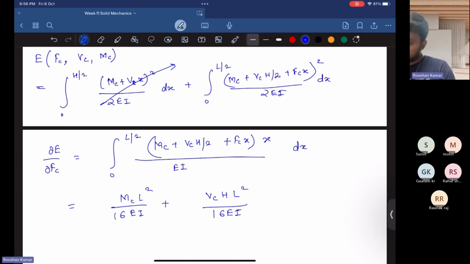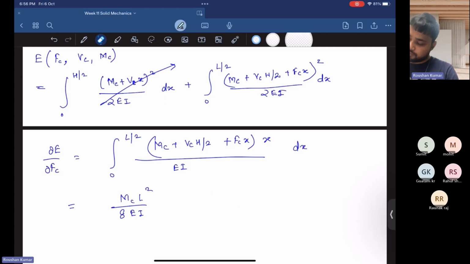Is it correct? X square by 2, 2, 2, it is 8 actually, plus FC into x square by 2. Now because here VC is 0, so we put VC here to be 0. FC into x will become plus FC into L square by 8 EI.